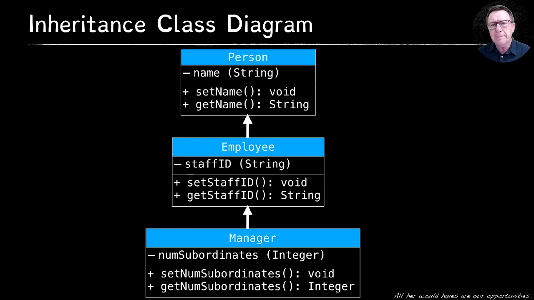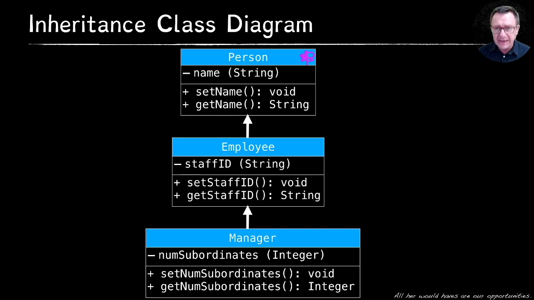So we're jumping now into inheritance when it comes to the class diagram. So how does it work? Right at the top here, we have our person. Now our person has a name, which is a string, and has 2 methods, the getName and the setName methods.